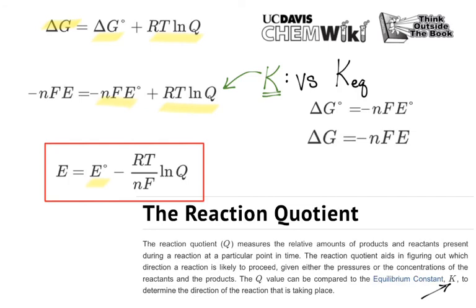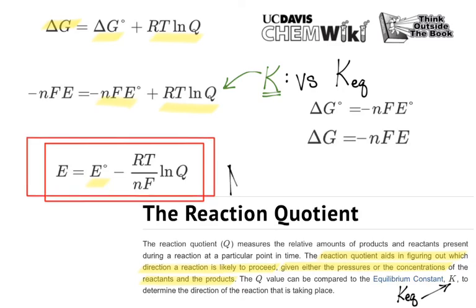ChemWiki just calls it K. But the interesting thing here is that equation where I'm relating electrostatic potentials times standard potential of reaction minus RT over NF, natural log of Q. That guy right there is what we would call the Nernst equation.